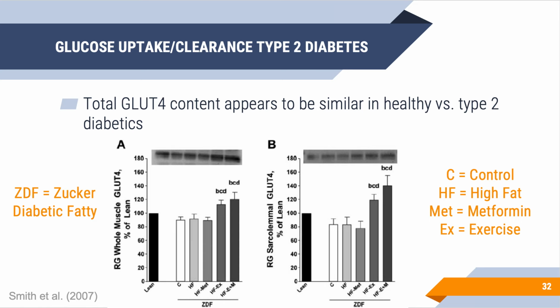C is for control, H is for high fat, MET is metformin, an anti-diabetic drug, and X is for exercise. Strictly looking at the control, high fat, and high fat with metformin groups compared to the lean animals, there's no change in GLUT4 content in lean versus diabetic rats. The change is really based off of the provision of exercise, a known stimulator to increase GLUT4 content.